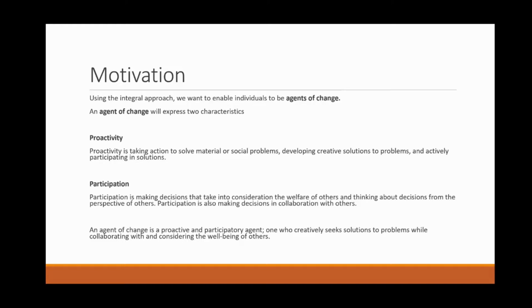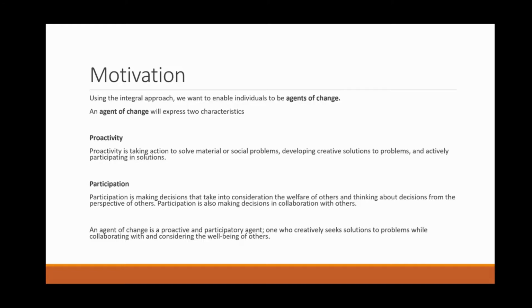They take tangible, creative action to address social, material, and relational problems, taking into consideration the well-being of others and how their decisions affect the well-being of others, and make decisions in collaboration with others. Such a person is an agent of change.